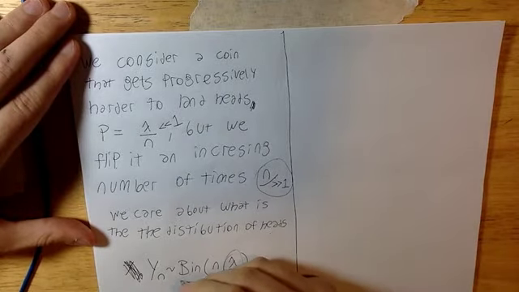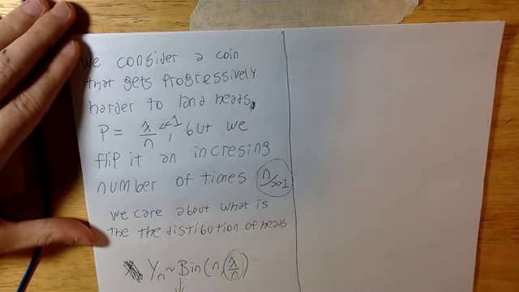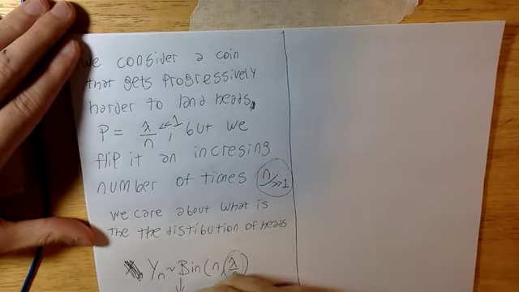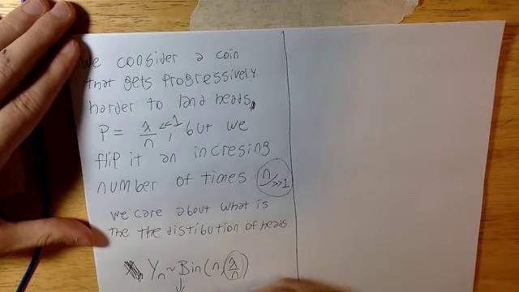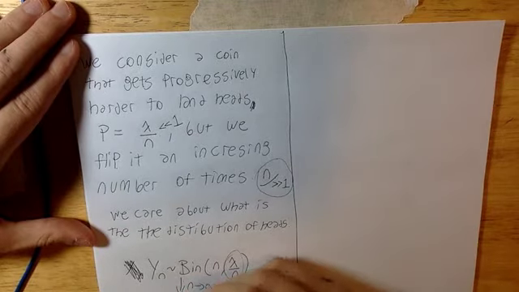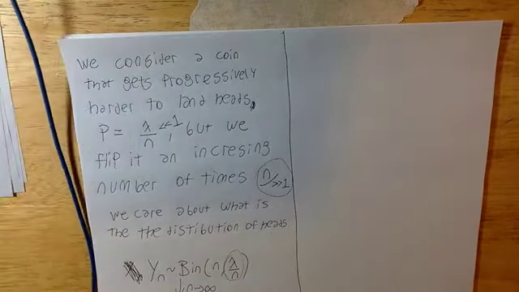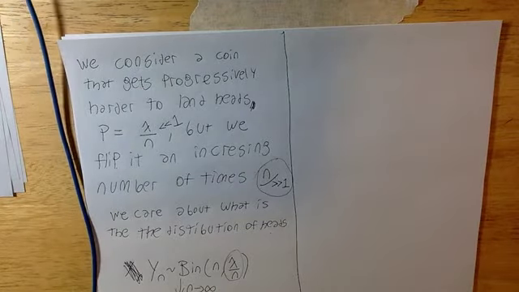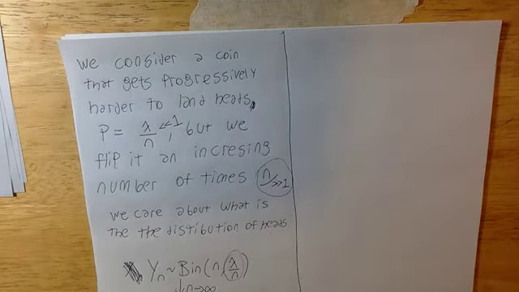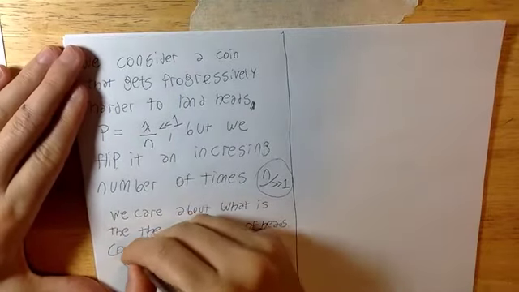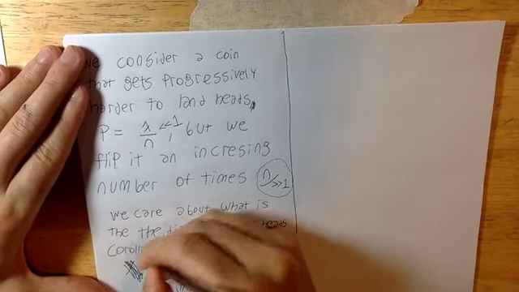So the point is that we can show that this converges to, let's call it Z, which is exponential of parameter lambda when n goes to infinity. Okay, so this will be a corollary of the following theorem.